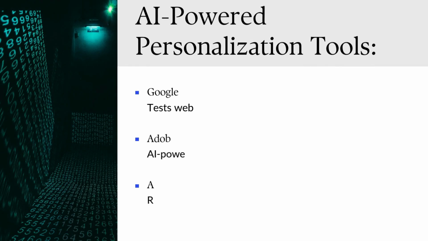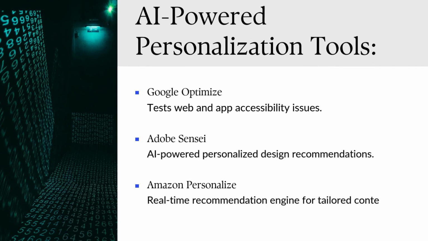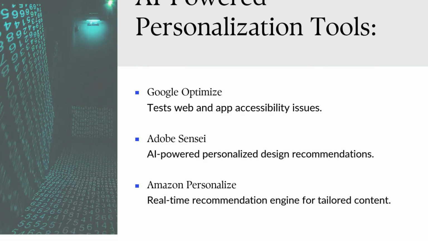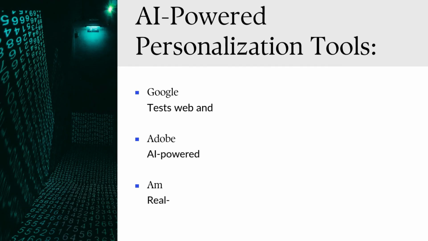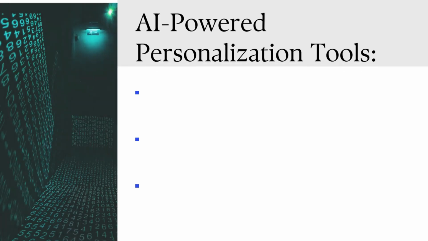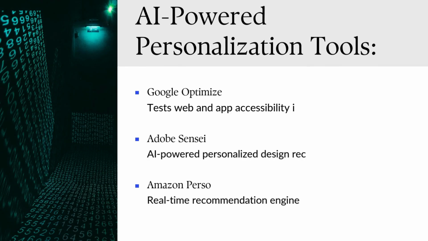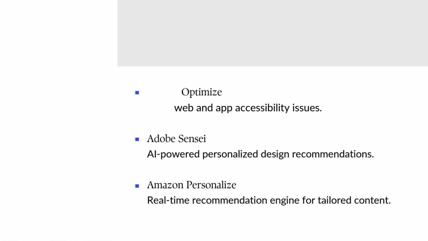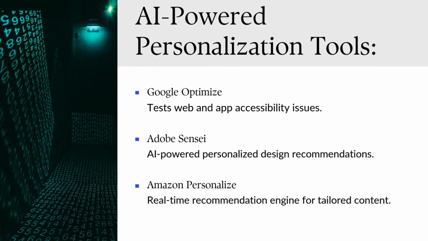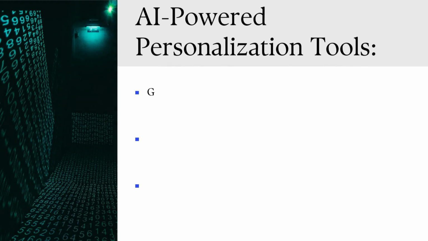Next is what we call Adobe Sensei. With Adobe Sensei, we can have AI-powered personalized design recommendations. Next is what we call Amazon Personalize. This is a real-time recommendation engine for tailored content.